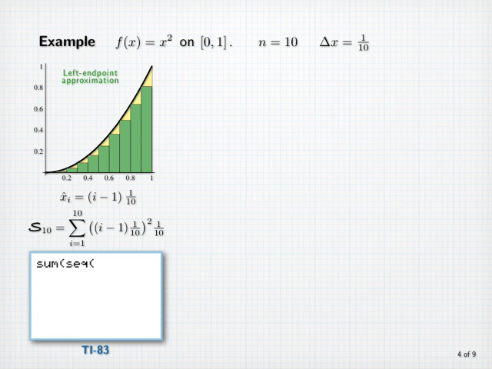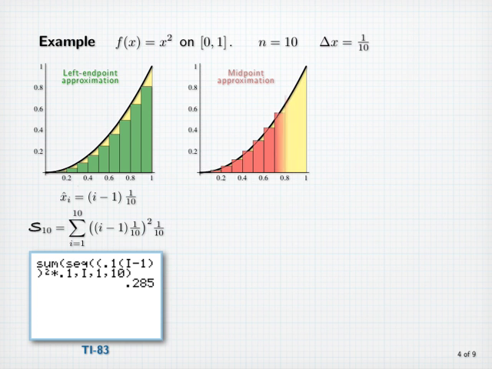The rest is straightforward. We type in the formula (1/10 times (i minus 1)) squared times 1/10, and then type comma i, comma 1, comma 10 to indicate that we want i to go from 1 to 10. Then we press enter and we find that the sum is 0.285.